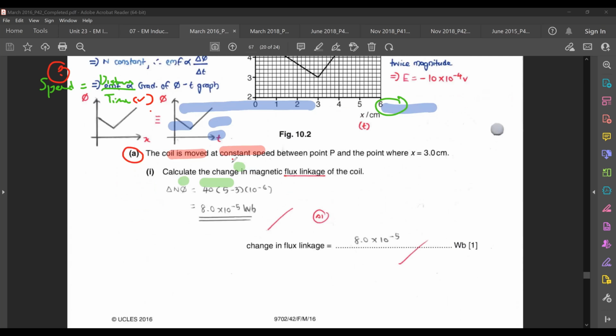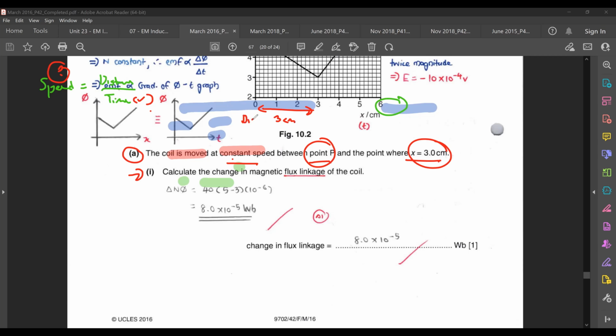The coil is moved at constant speed between point P and the point where X is 3 centimeter. Then you have part 1 here, and then you have the part 2 that you're looking at. For part 2, it was really your coil moving between point P to X equals 3 centimeter. Your distance is actually 3 centimeter.